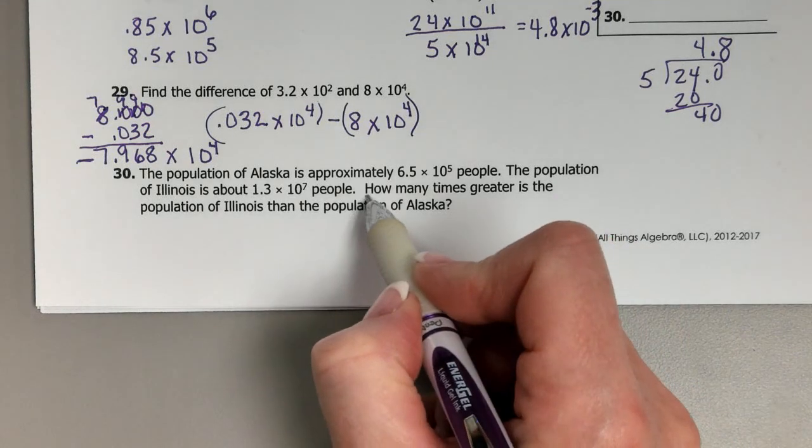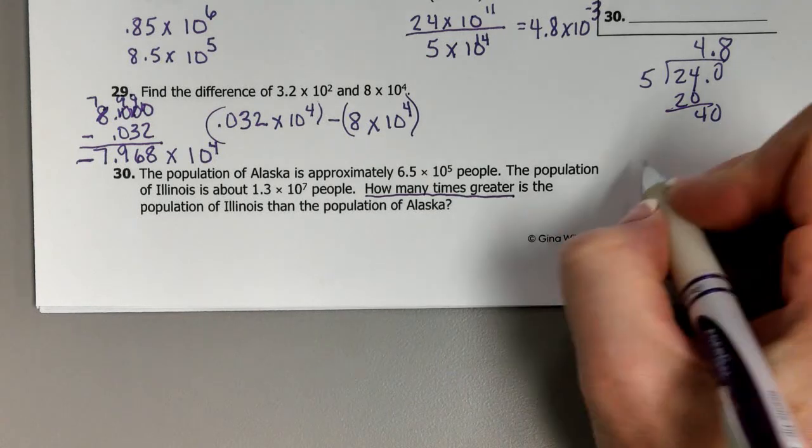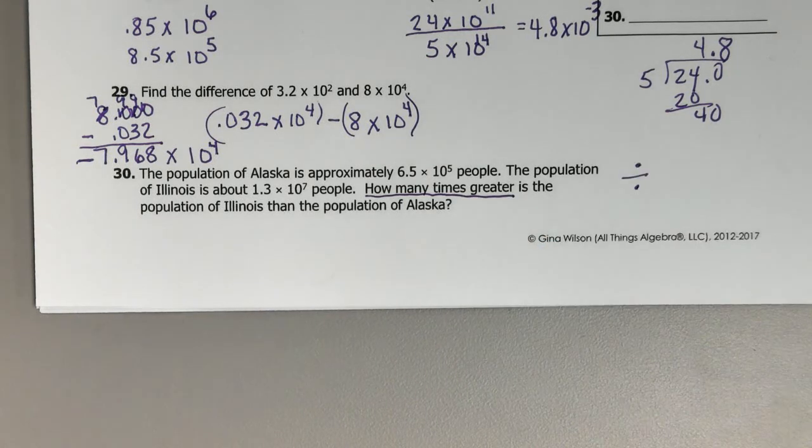Anytime you see how many times greater, that means to divide. You think, oh, it's the word times, but you're looking for how many times it takes to make that up, so you're dividing to find that answer.